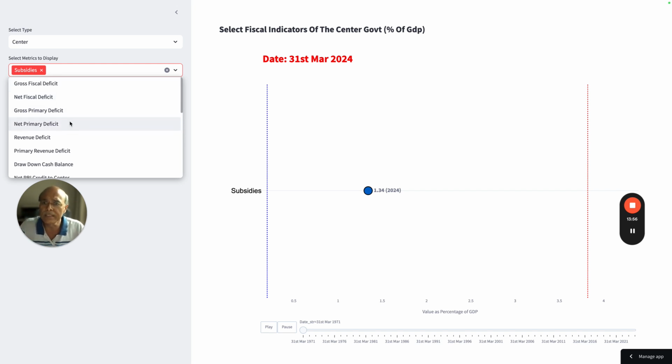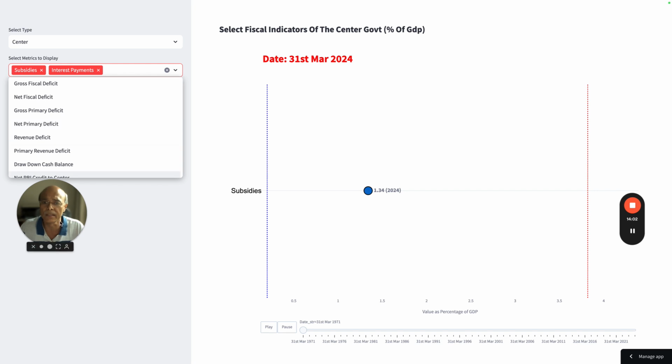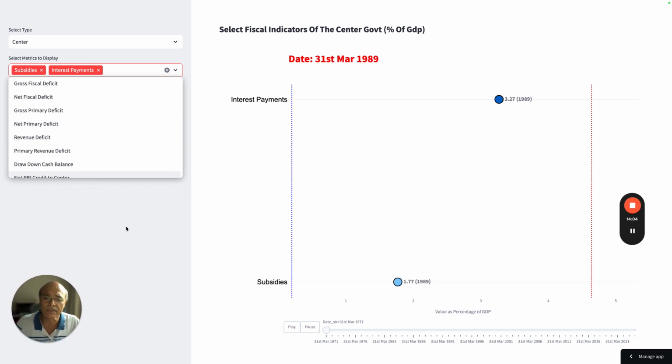So there are two things which we will include here in this analysis: subsidies and interest payment, because interest payment is also a burden for the government because of past loans which it has to take in order to cover its excess expenses that it has to incur on top of the earnings that it is making.